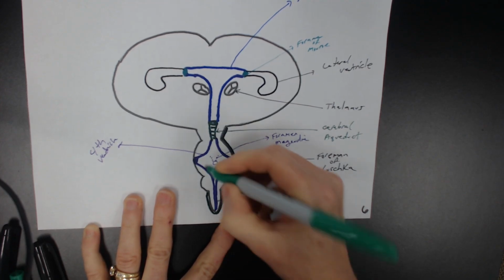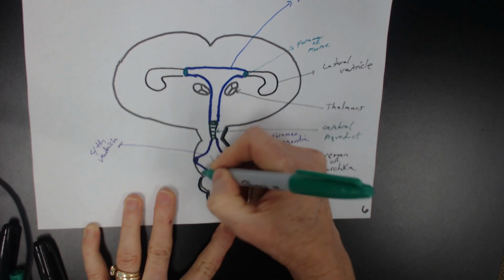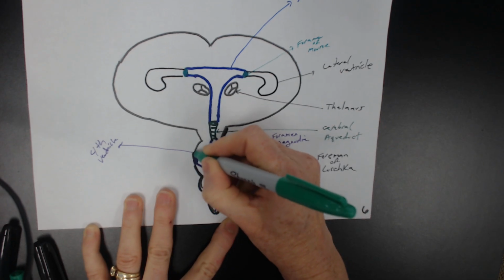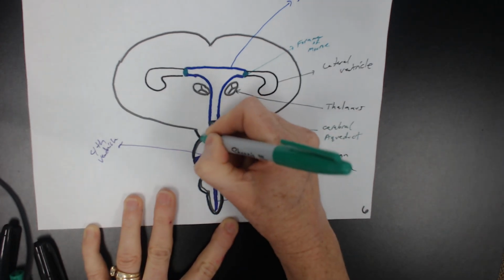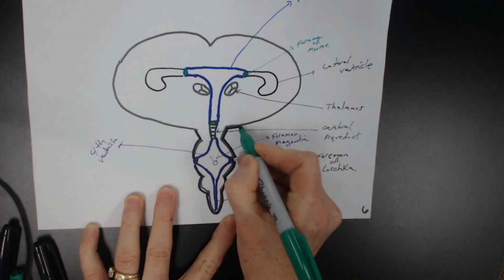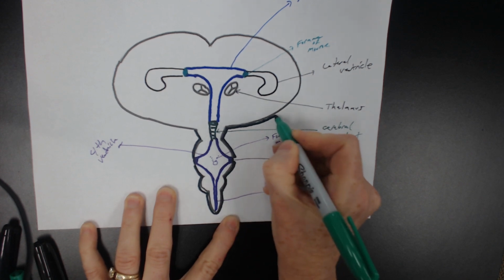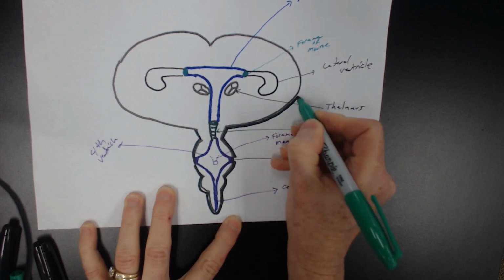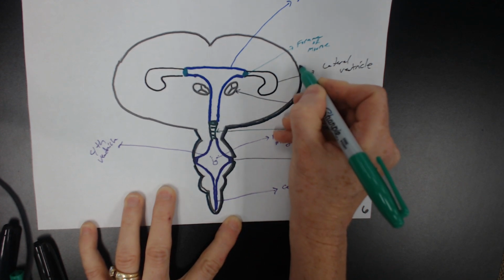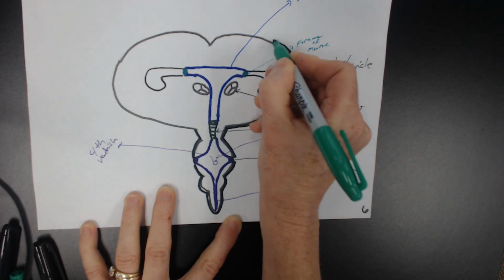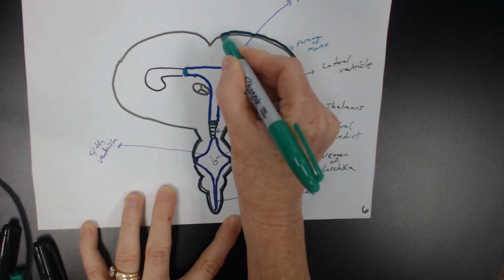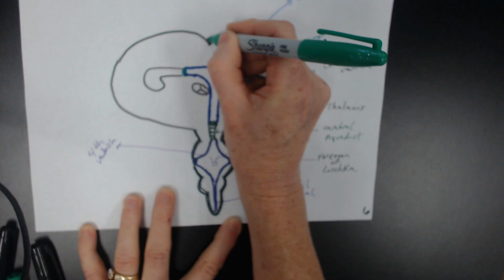Okay, so this is your pia mater, goes all the way around the outside. There's that hole there for the foramen of Luschka here. And your pia mater goes all the way around the brain and brainstem and spinal cord, just like that.